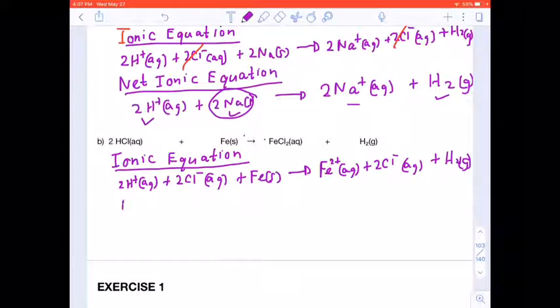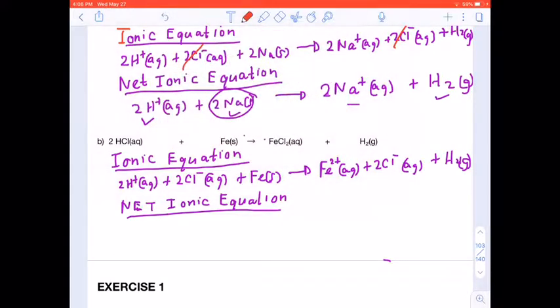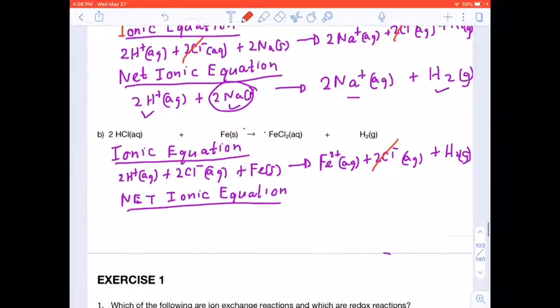And if you look at the net ionic equation, let's go back again there. What have we got? We've got chloride there again.